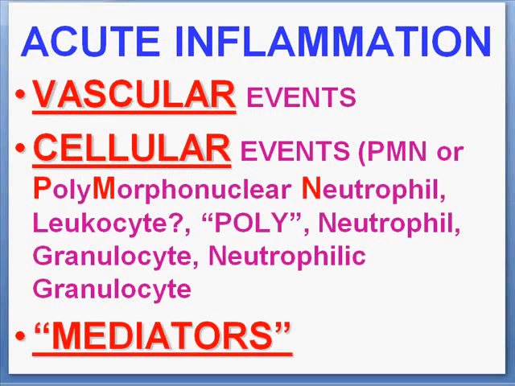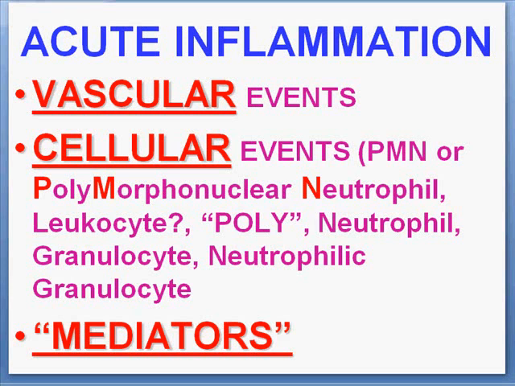You call them vascular events, which are the first ones, basically vasodilatation, leakage. Then there are cellular events, which are your chief cell of acute inflammation, the polymorphonuclear neutrophil, or PMN. You call it a leukocyte if you want, but technically a leukocyte is any white cell.